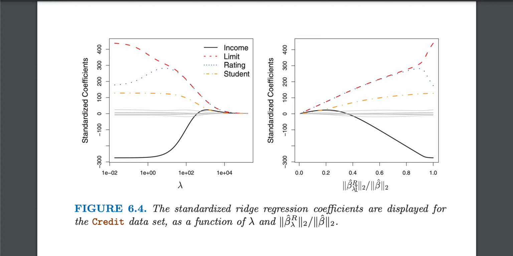And therefore, their L2 norms are the same. So this ratio being equal to 1 refers to lambda being almost 0, somewhere around here. And you see that the value of the income at this point is the same as the value of the income at this point. The coefficient for student is the same.